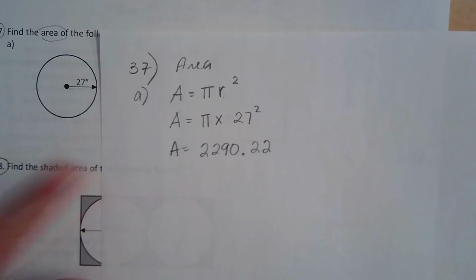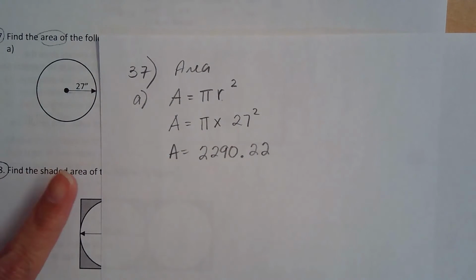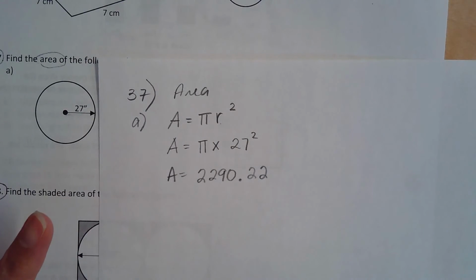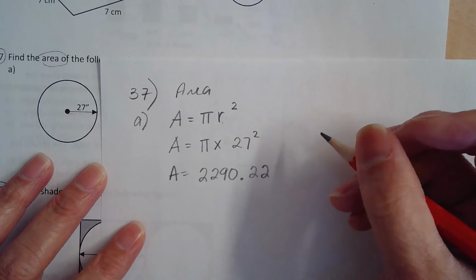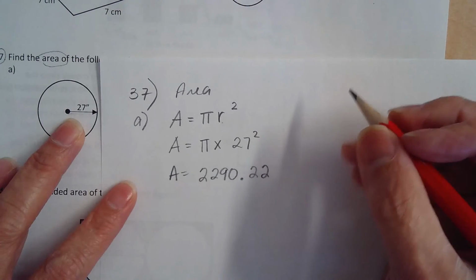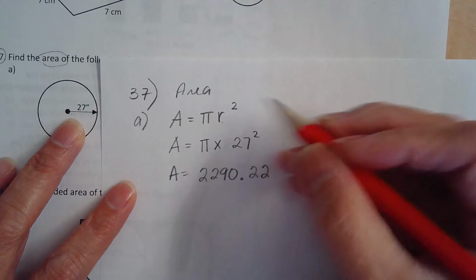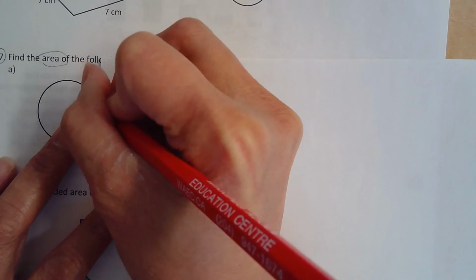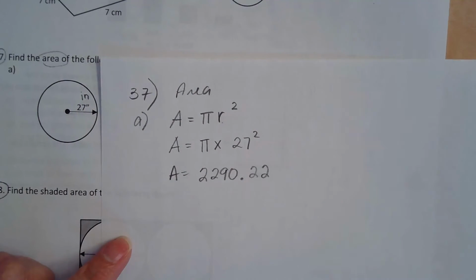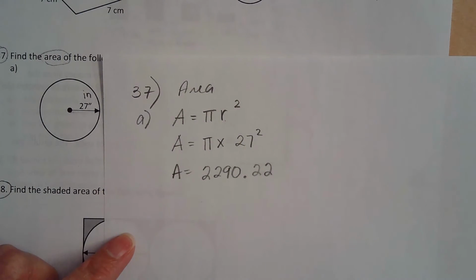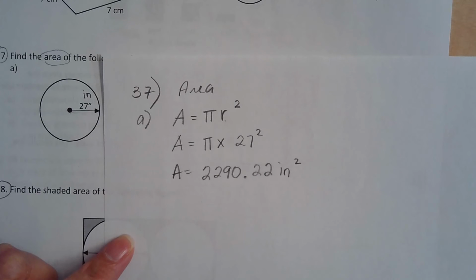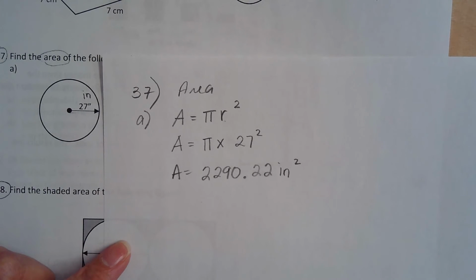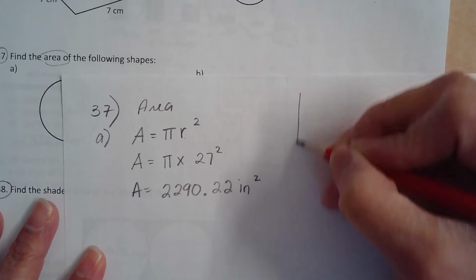Okay, now area. When we're talking about area, it's going to be unit squared. So if this is 27 inches, so the unit is inches, right? Area would be inches squared, or square inches. Good? Now let's do 37B.